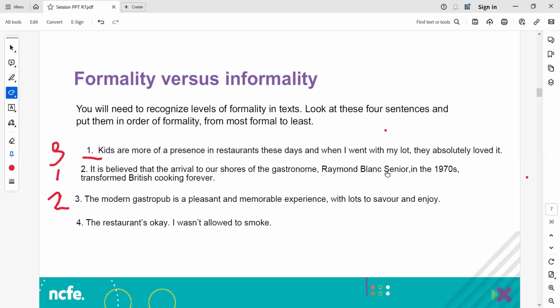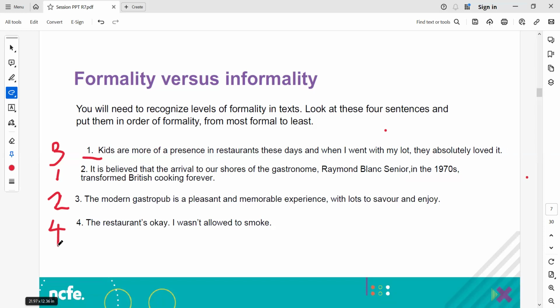Yeah, so the words my lot, we've got there as well. They loved it. So it's more informal. The sentence, though, still has a level of complexity. So our final one is number 4. The restaurant's okay.